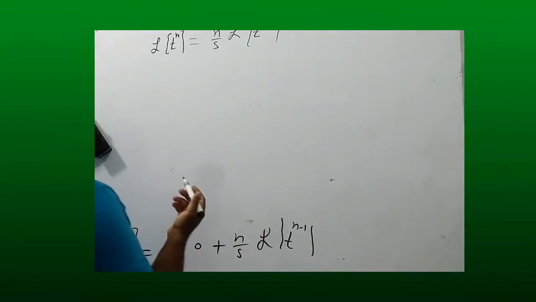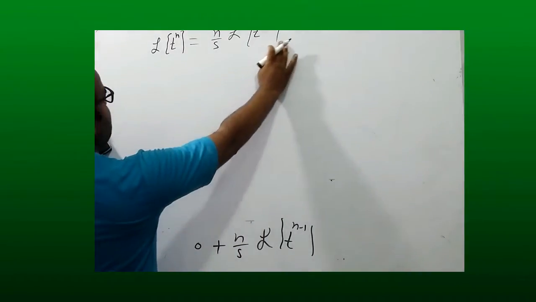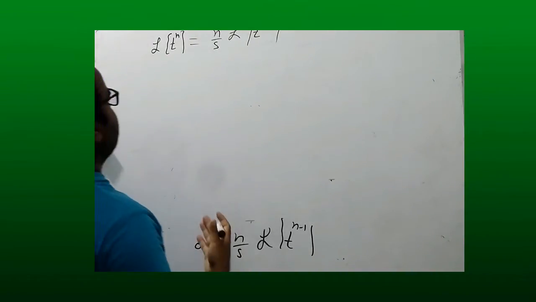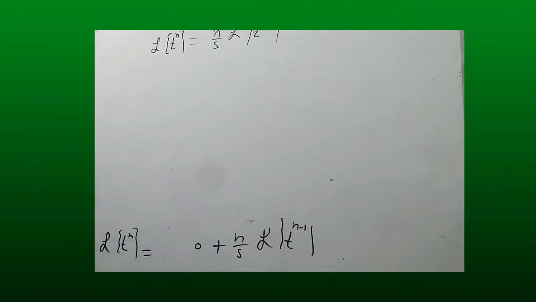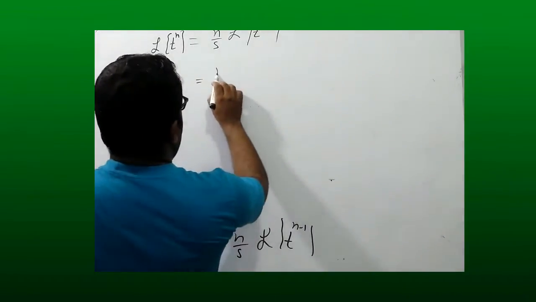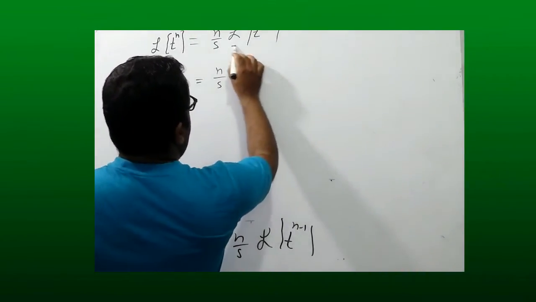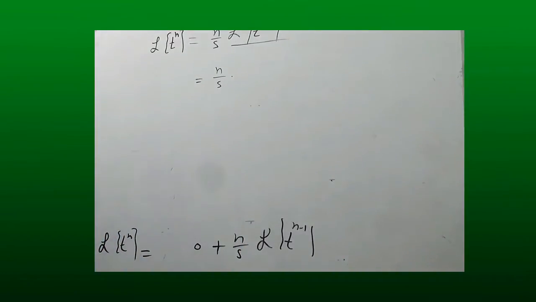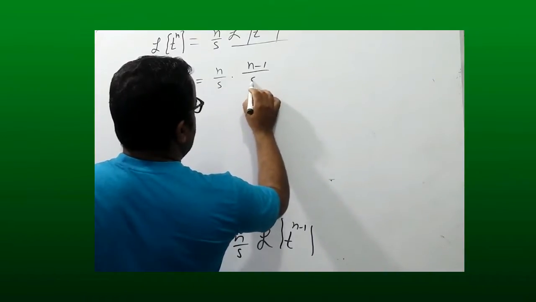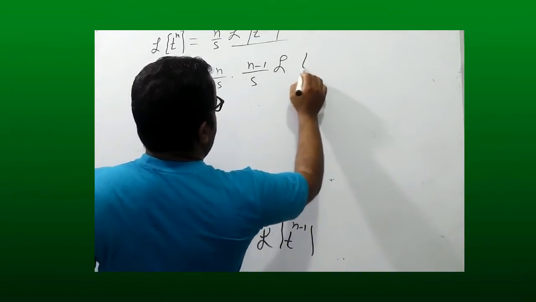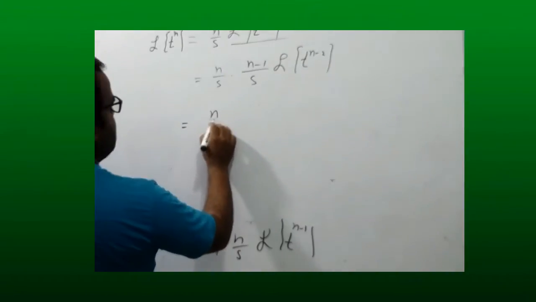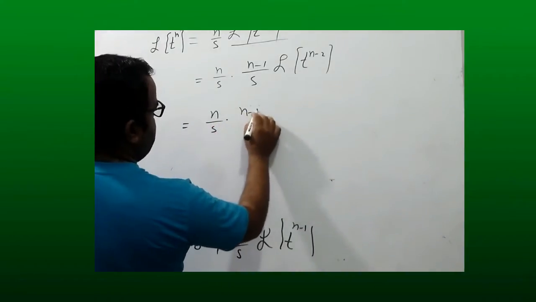So it means that after successive applications, the Laplace of it will again equal n by s. When we find the Laplace of t raised to the power n minus 1, it will be n minus 1 over s, and Laplace of t raised to the power n minus 2. So again n minus 1 over s.